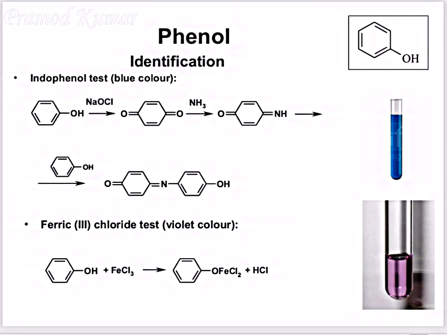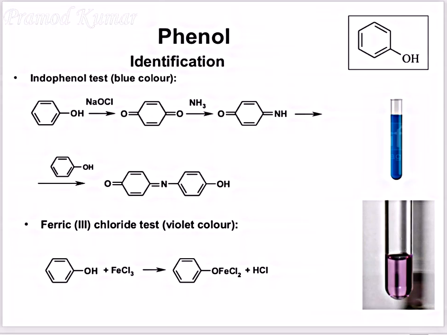So this is a white color precipitate. What is the second reaction? Phenol reacts with ferric chloride and you get, sorry, a violet colored solution.